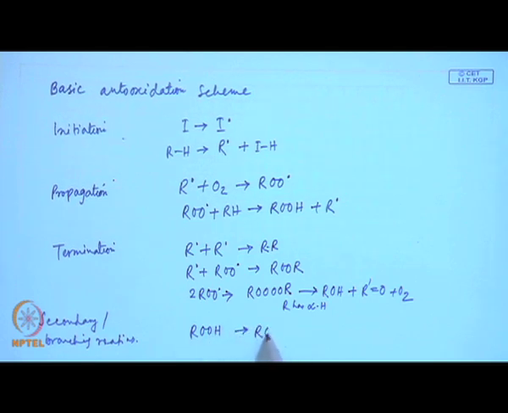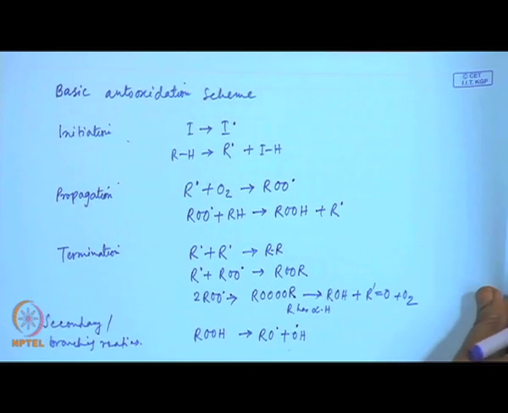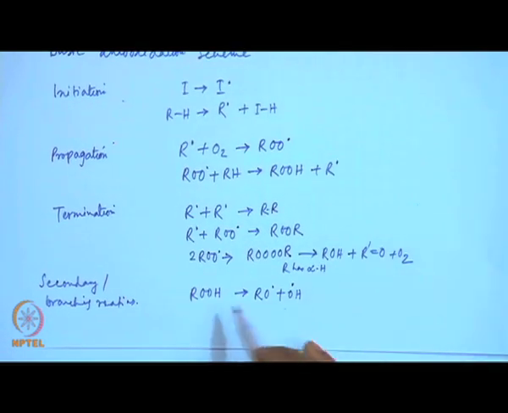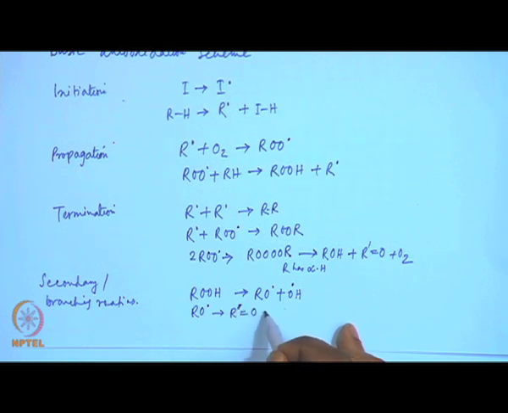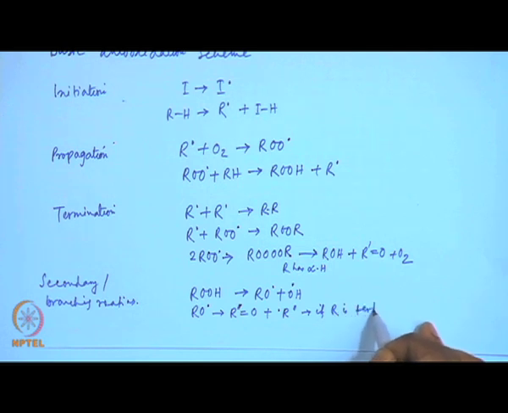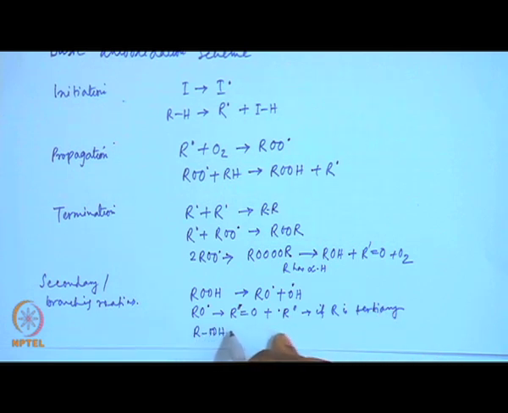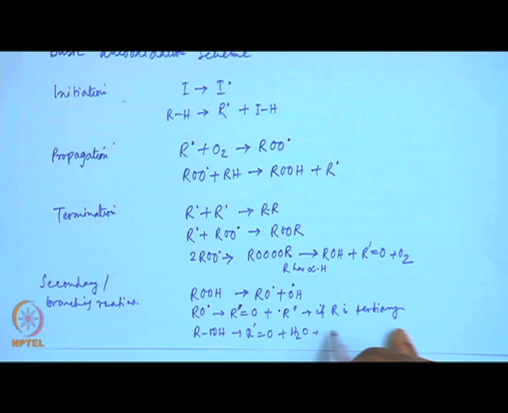Hydroperoxide can give other radicals. If R is tertiary, if R has alpha hydrogen.